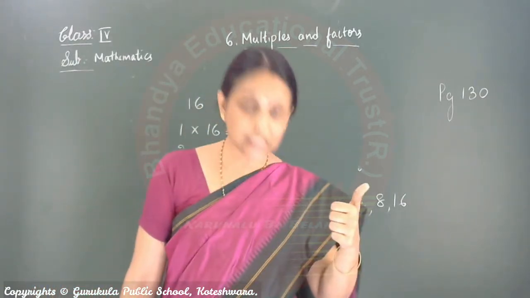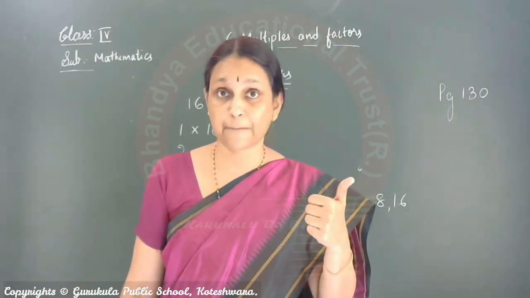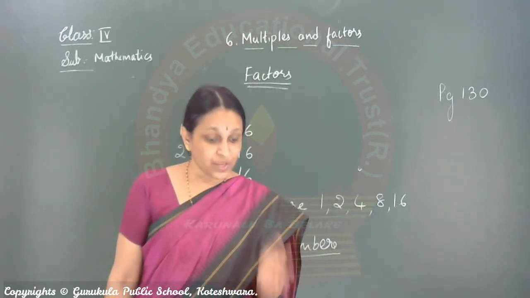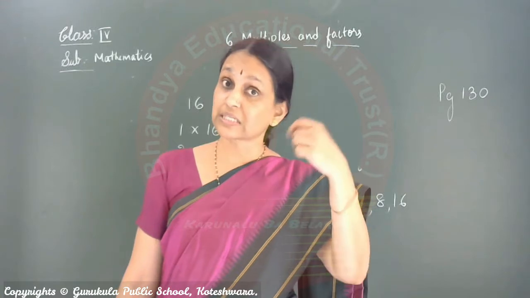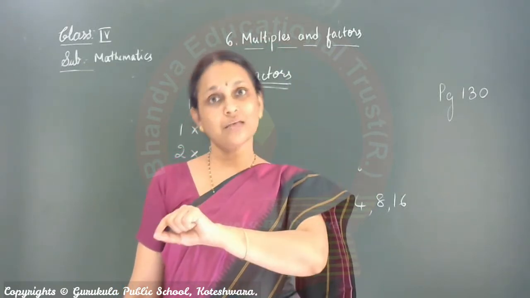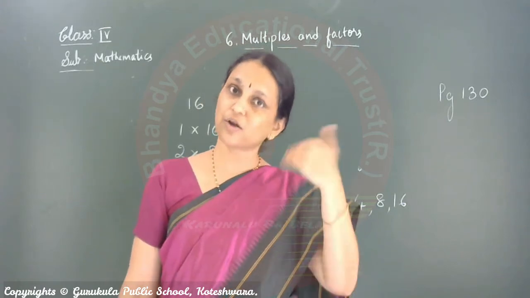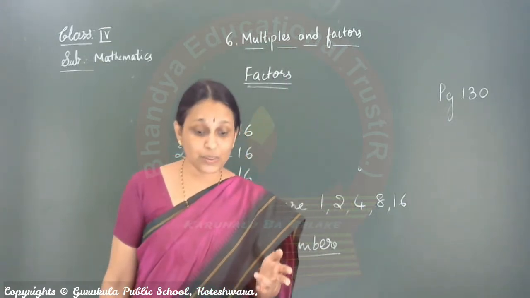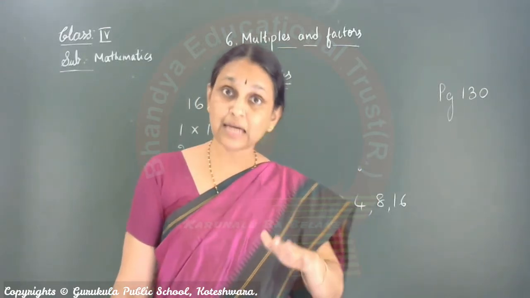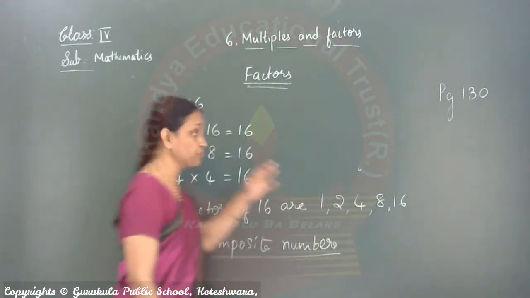The first property says 1 is a factor of every number, because in 1 ones are, all numbers you will get. Next, every number is a factor of itself. That is, 1 into any number you will get the same answer. So that number is a factor of itself. Then the third one says the factor of any number will be less than or equal to the number.